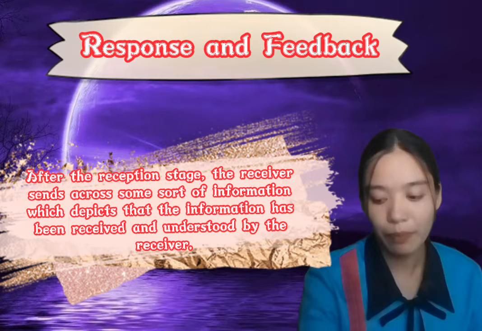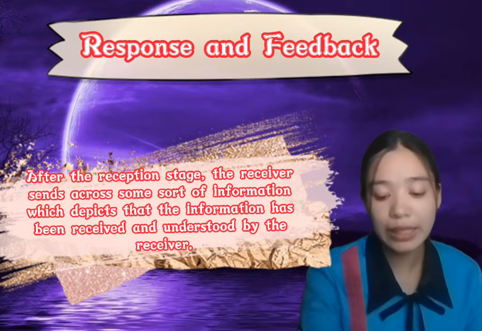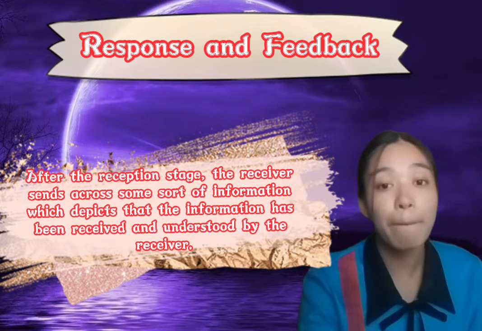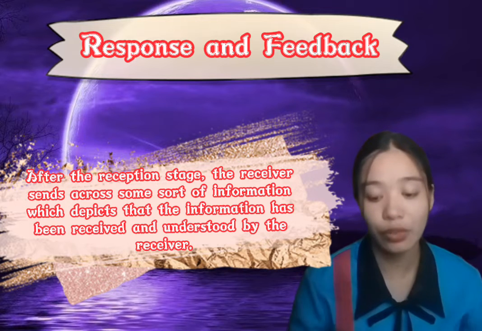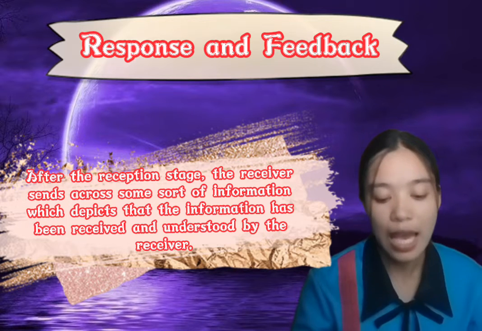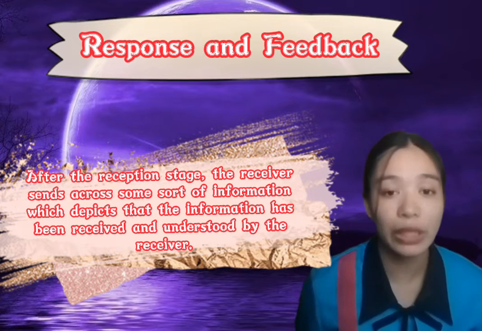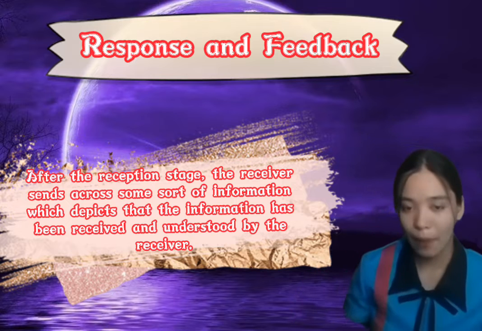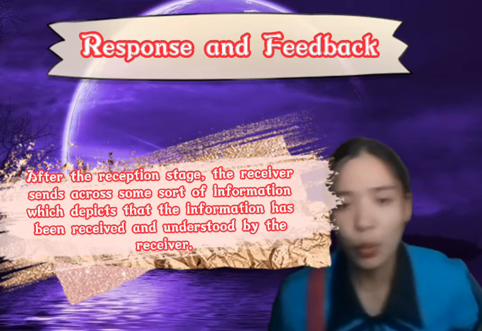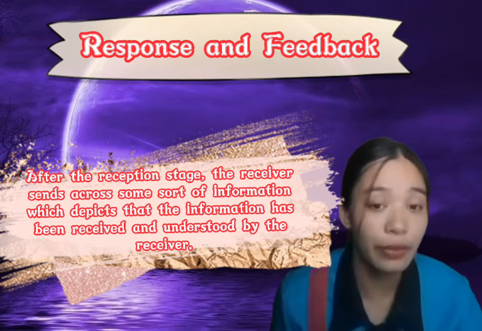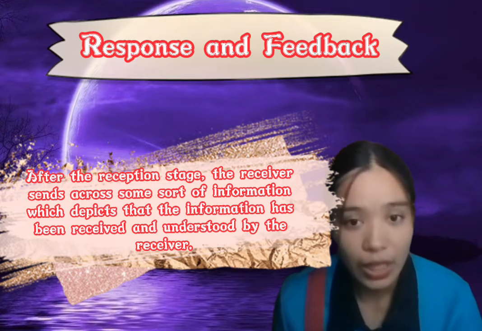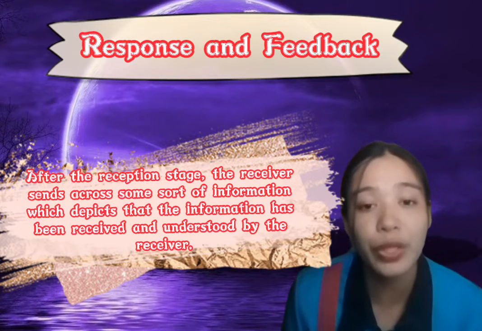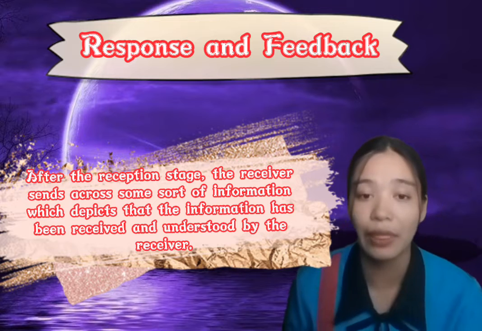The stage of response and feedback is very important as it shows whether the processes of encoding and reception have taken place properly or not. This is where the receiver makes a response or feedback to the message from the sender.